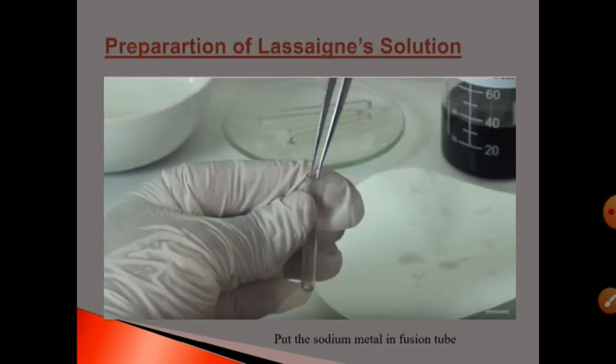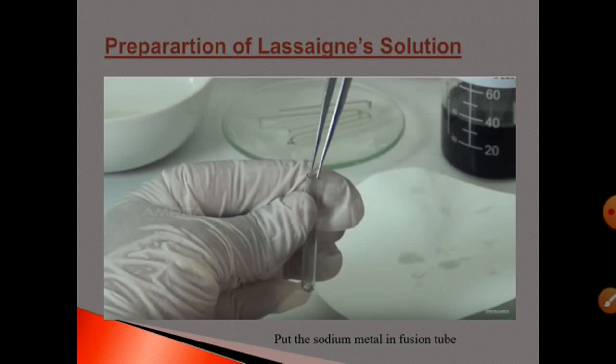Preparation of Lassaigne's solution. Cut a small piece of sodium metal with the help of a knife. Put this sodium metal in a fusion tube. Dear students, handle the sodium metal carefully because sodium metal is highly reactive.